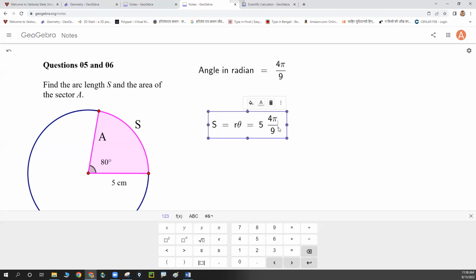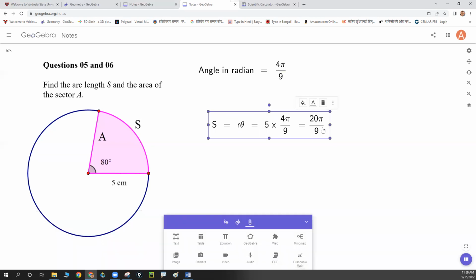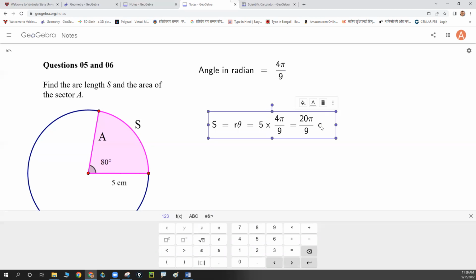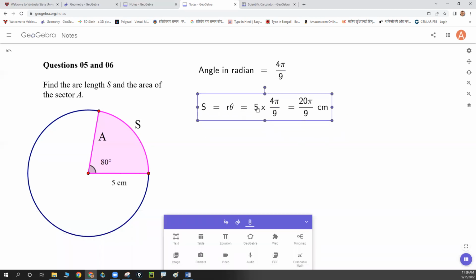There's not a whole lot of cancellation you can do. 4 times 5, and you can put a multiplication sign if you want. This is not x, this is the multiplication sign. You multiply 4 by 5, you're going to get 20 pi, and you divide that by 9. And that's your answer. You don't need a calculator. You should put your unit, which is centimeters. You have your S.